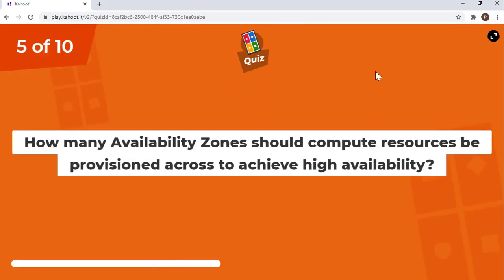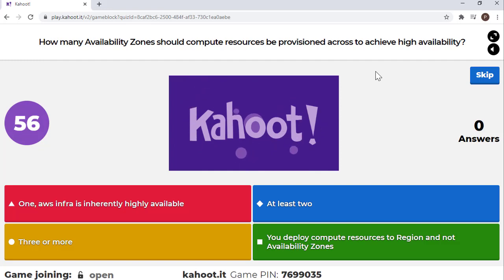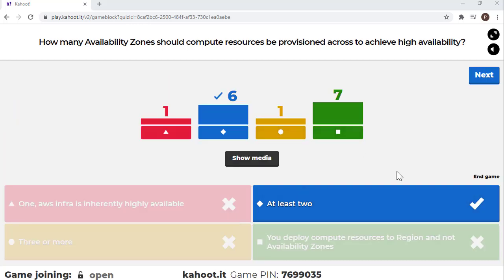How many availability zones should compute resources be provisioned across to achieve high availability? Okay, yes, the answer is at least two.